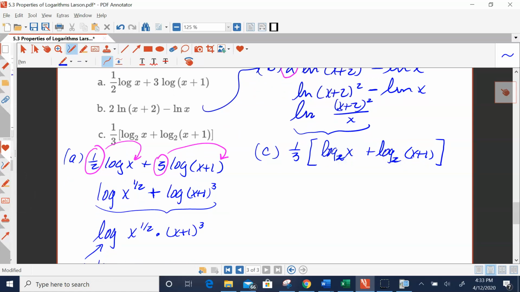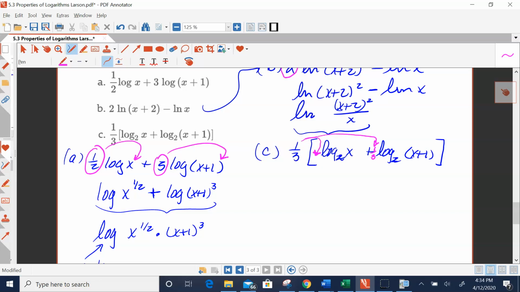All right, so let's work on condensing this into a single logarithm. Notice the brackets. Those brackets indicate that what's in front needs to be distributed inside. So actually that 1/3 distributes to the first log and to the second log.